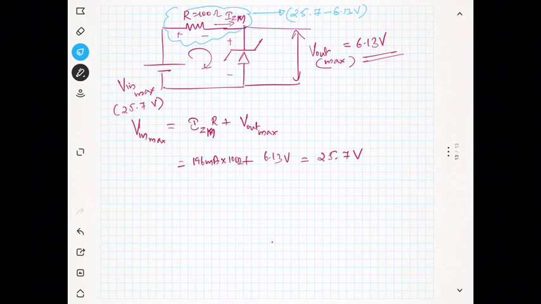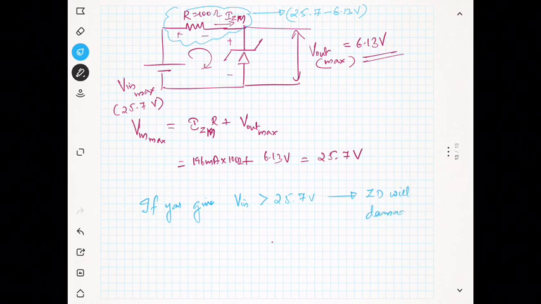Now if you give V in greater than this 25.7 volt, what will happen? Your Zener diode will be damaged.